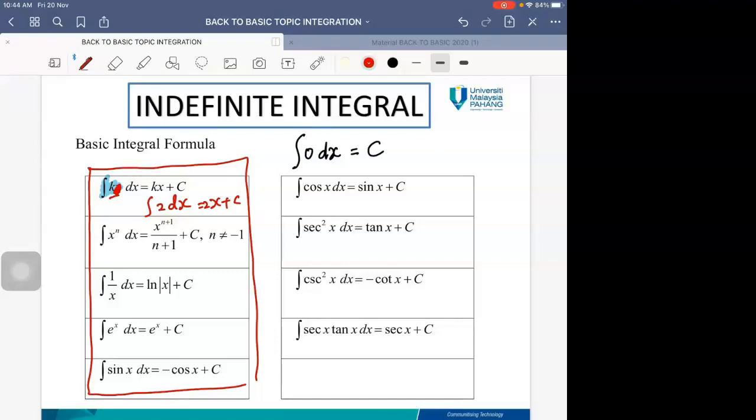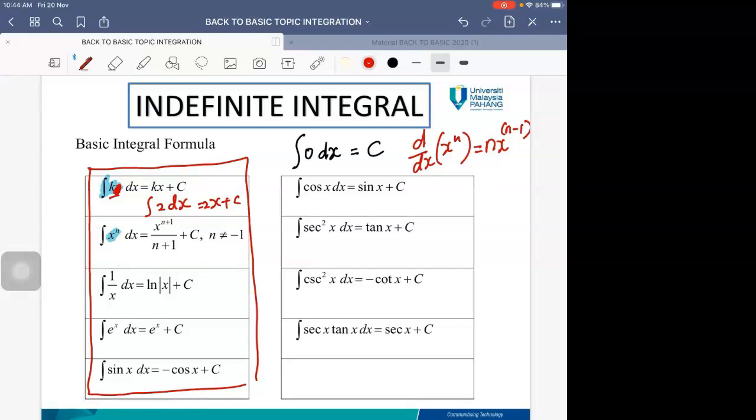Let's say you have a power. The next one is x to the power n. How do we integrate x to the power n dx? Since integration is the reverse of differentiation, previously in differentiation, if you differentiate x to the n, you multiply the power in front and then subtract 1 from the power.